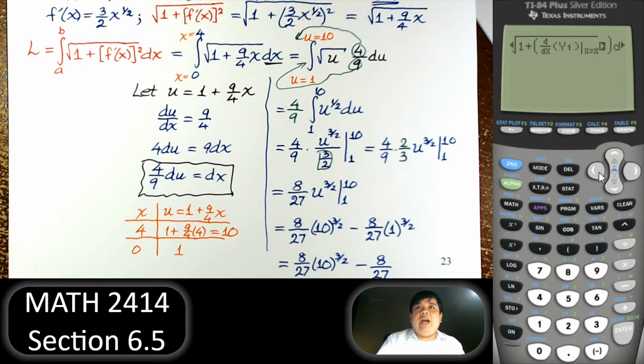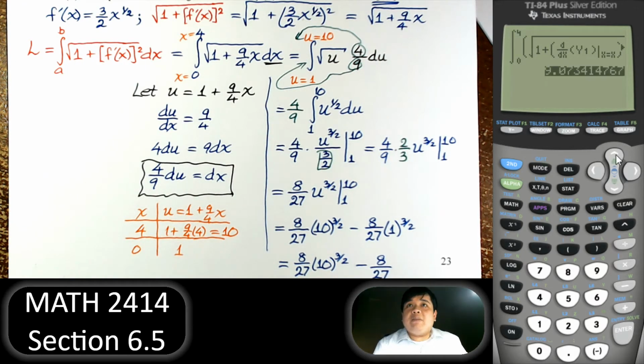So we just enter like this. And then remember we have the derivative squared. Alright. Okay.